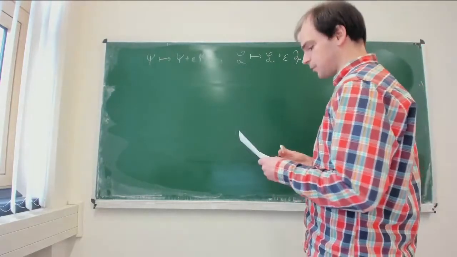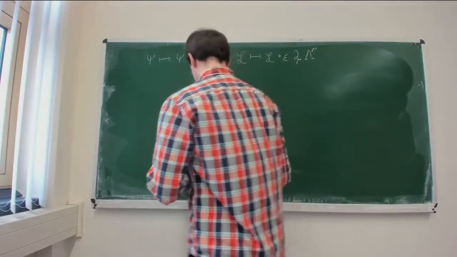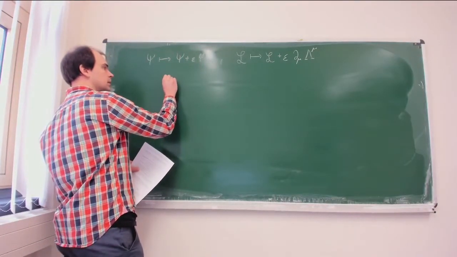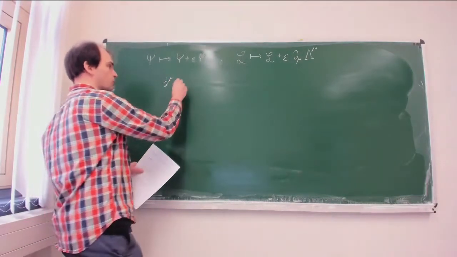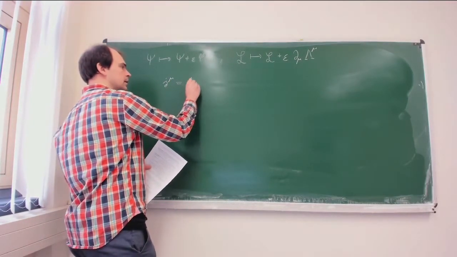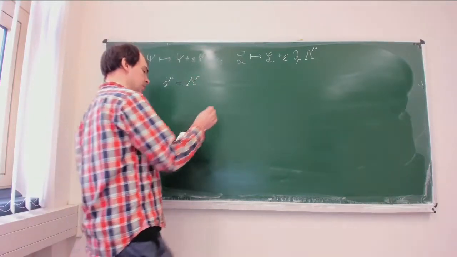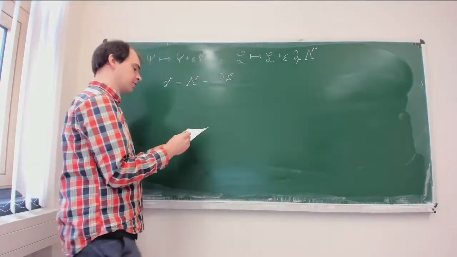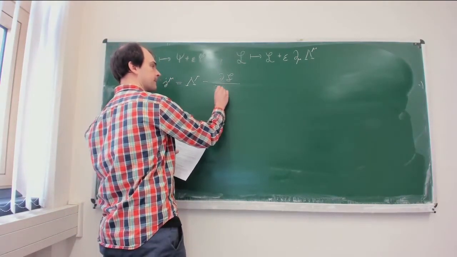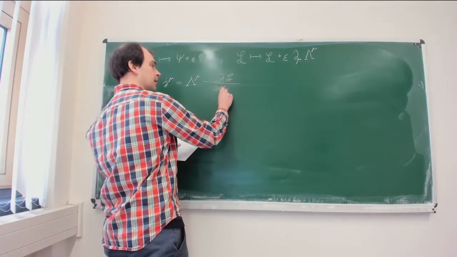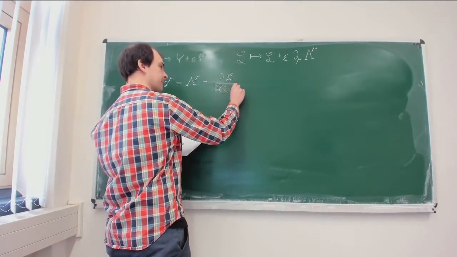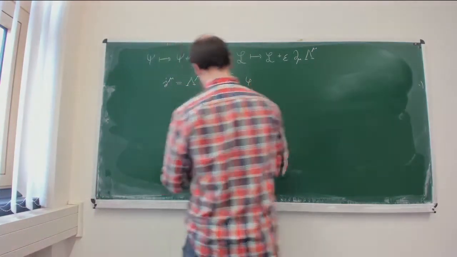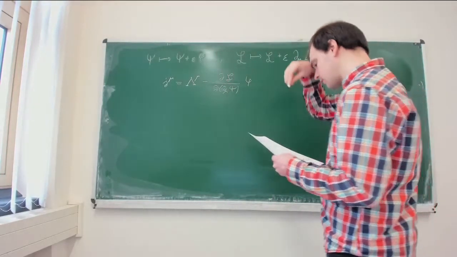Then there is a conserved current that belongs to this transformation, and this conserved current is given by J mu equals the variation of the Lagrange density by d mu psi times phi, minus lambda mu.